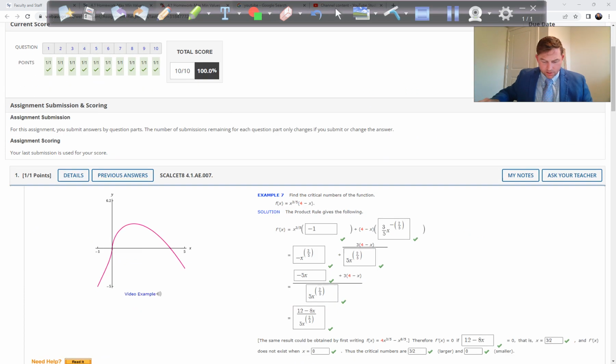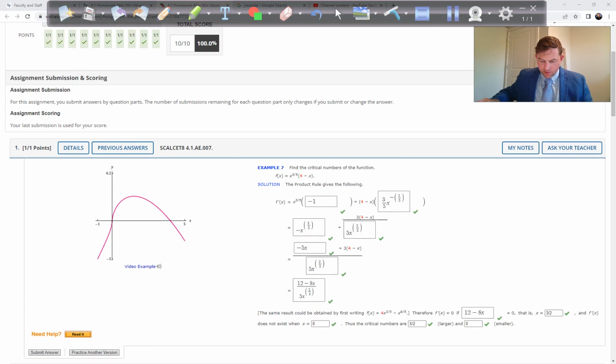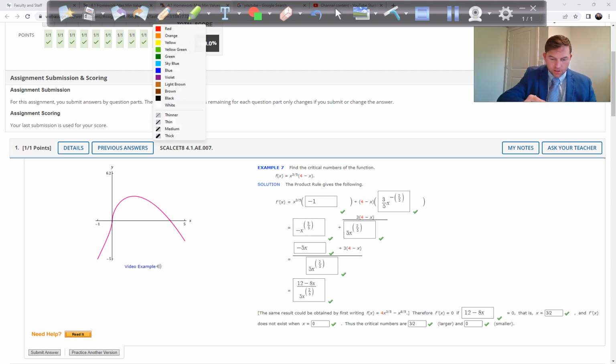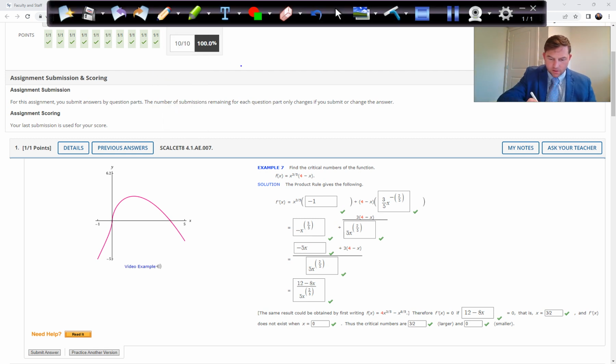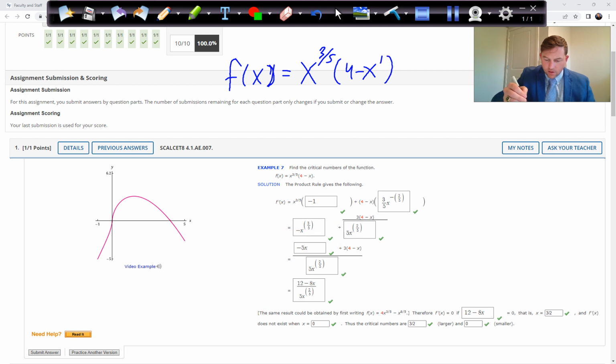Problem 1 is going to walk us through it. So it says we have this function, and I'm probably just going to do the whole thing without stepping through each box. So it says the function is equal to x to the 3/5 times 4 minus x. And so what they did is product rule.